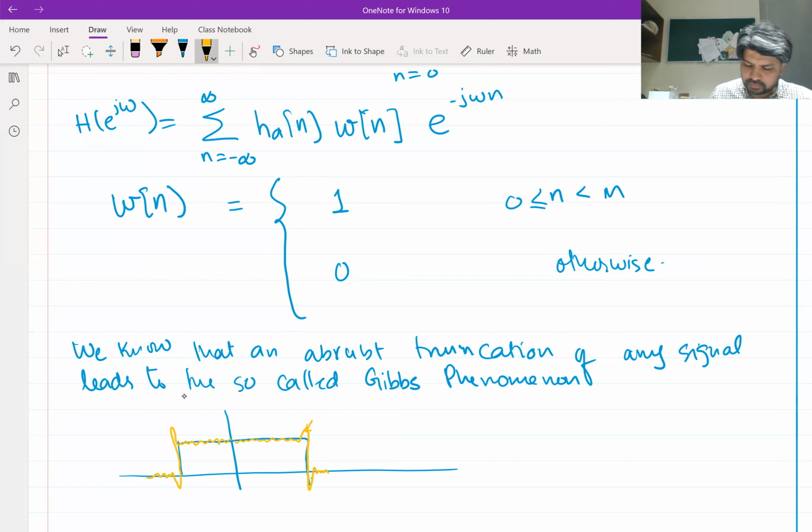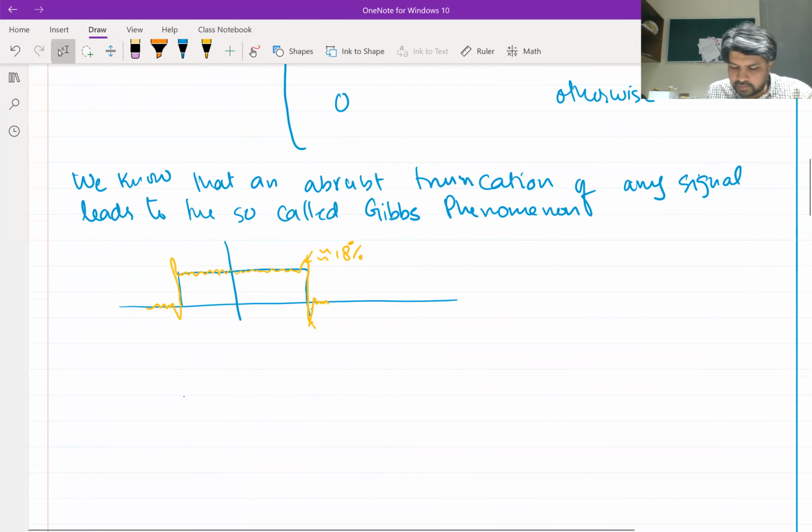These overshoots and this undershoot right after the point of discontinuity are significant, and they do not decrease even if you increase the window size. So that is the problem. This is what is called the Gibbs phenomenon, that this overshoot is always going to stay. This is approximately 18%, so this is significant. So the rectangular window has its problem. It would lead to what is called the Gibbs phenomenon.